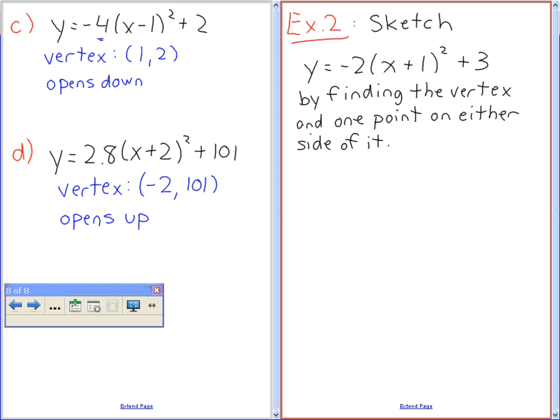So supply teacher, I'd like you to hit pause right now and let the kids write down the question, and then we'll get into how to do it in a sec.